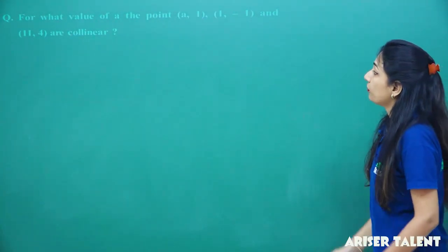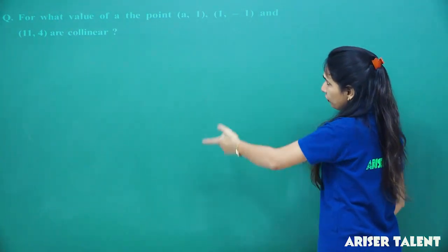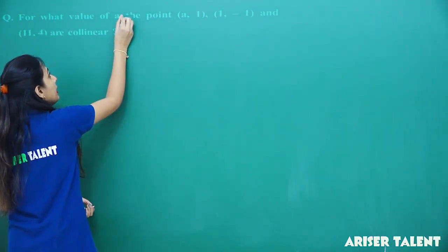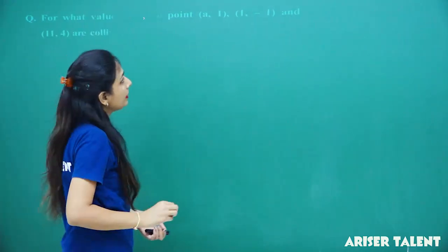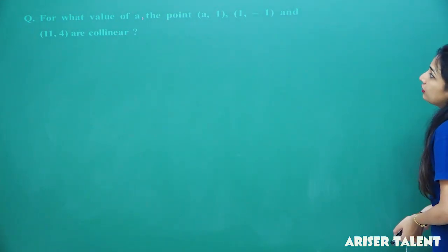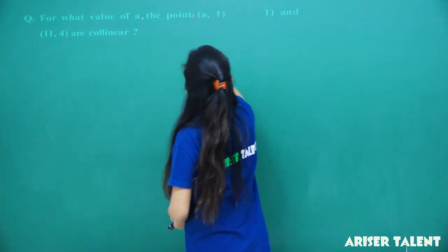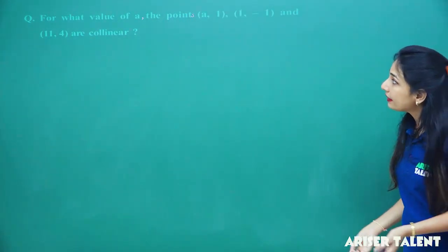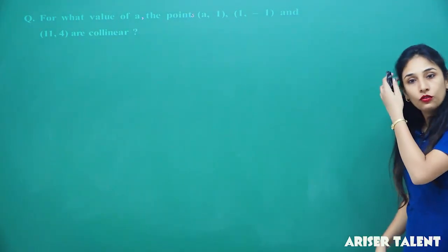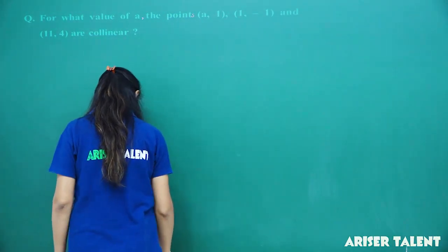For what value of A are the points A, 1, and A minus 1 collinear? You can correct it grammatically: for what value of A are these points collinear?